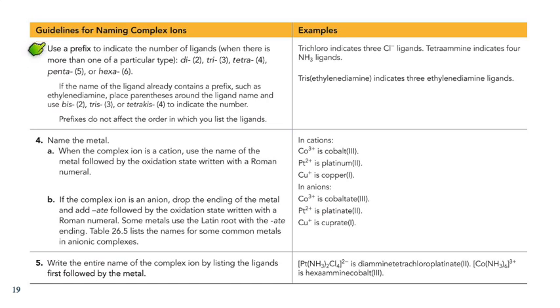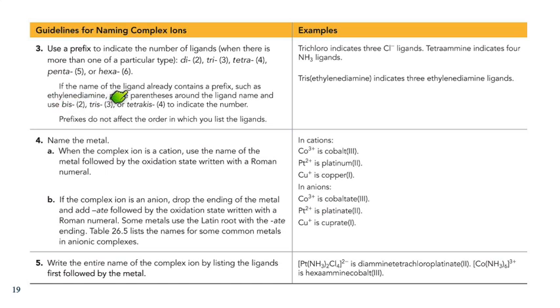We're going to use a prefix to indicate how many ligands there are if there's more than one. So this is a little bit like naming molecular compounds. If there are two of them, di, 3, tri, 4, tetra, penta, hexa. Those are the same numerical prefixes we used for naming molecular compounds.